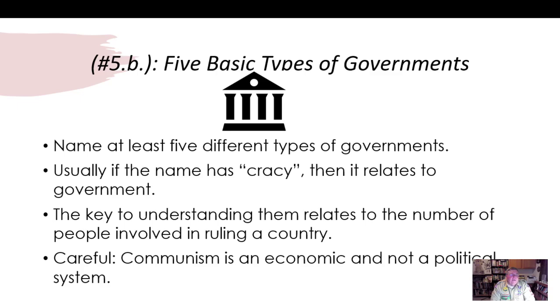So the key to understanding these different types of governments really focuses on the number of people involved in ruling a country or making the major decisions for that society. It ranges from one person to everybody. So it's just a matter of what are the different types that you can see happening.